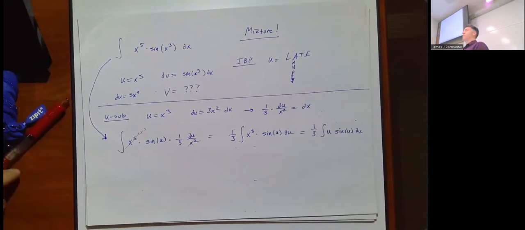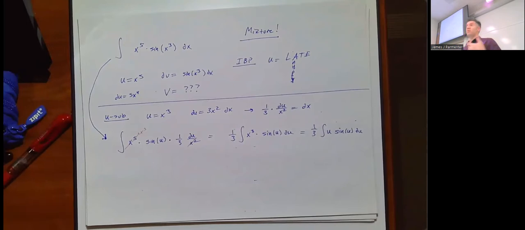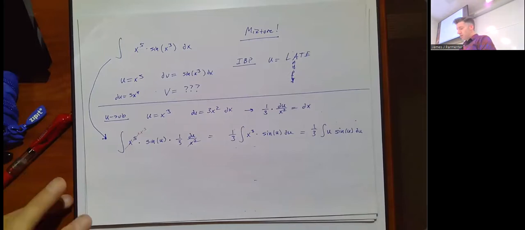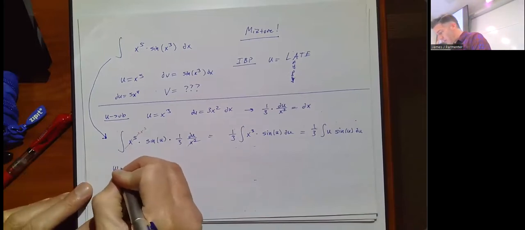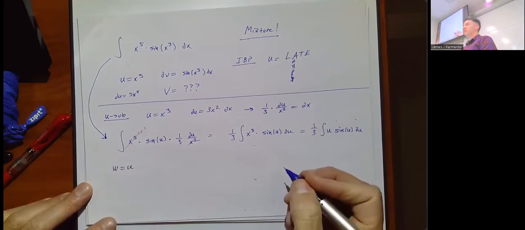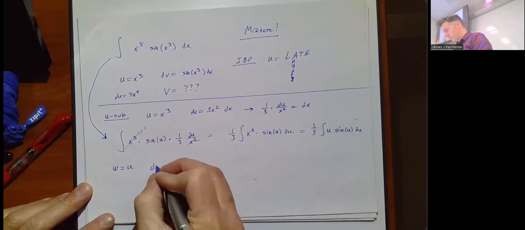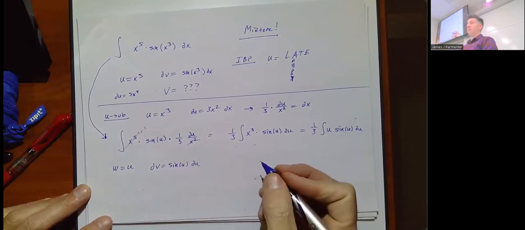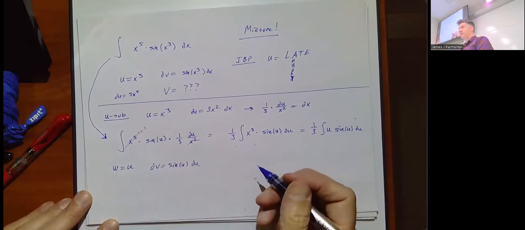That's typically the choice people make when they're doing integration by parts and they've already used u. It's totally fine, if you're doing repeated integration by parts, to keep using u and dv because you're just dealing with x. But if u is my variable, I need to make a different choice. So we're going to pick w equal to u, and we're forced to pick dv equal to the rest.